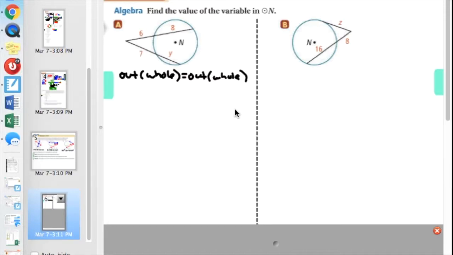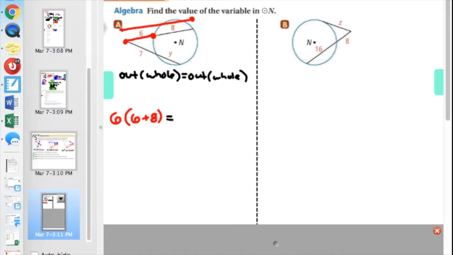So now I need to think about which is what. The first outside that I see has a length of 6. Now I need to think about the whole length of that line. So the whole length of that line would be 6 times 8. I'm sorry, 6 plus 8. Ooh, bad time to be doing math. It's only 6:55 in the morning here.